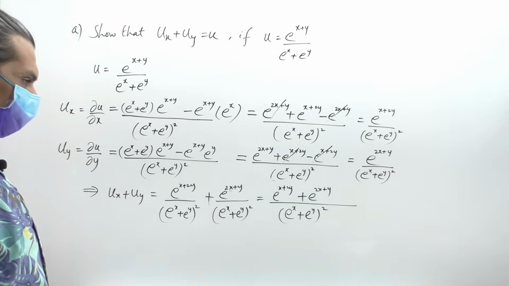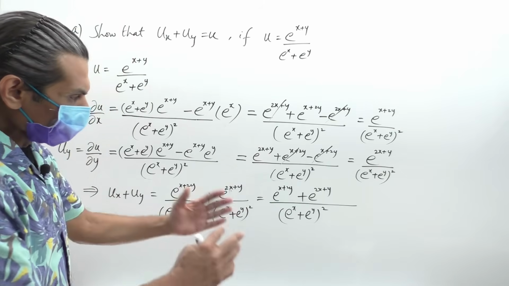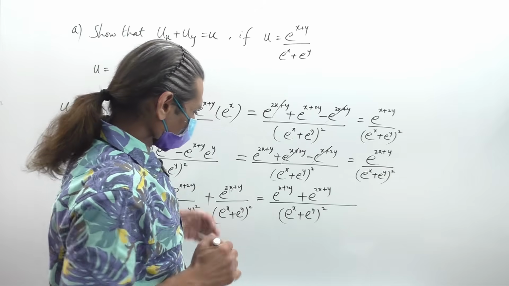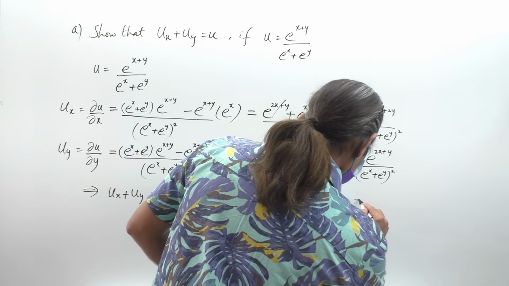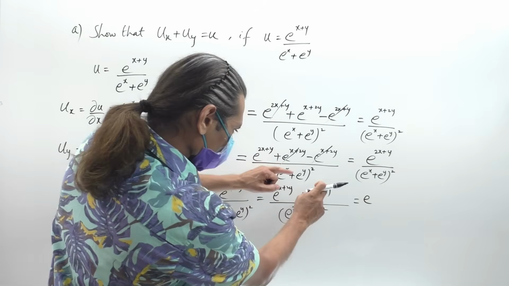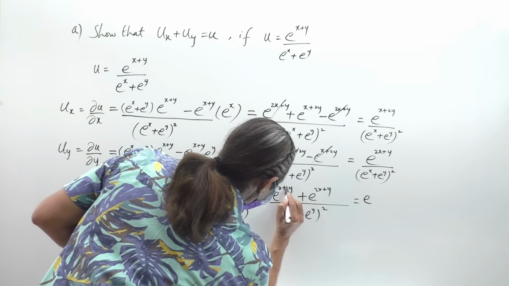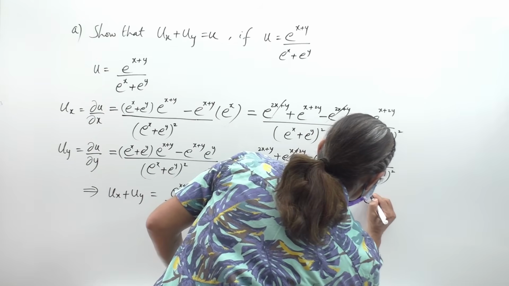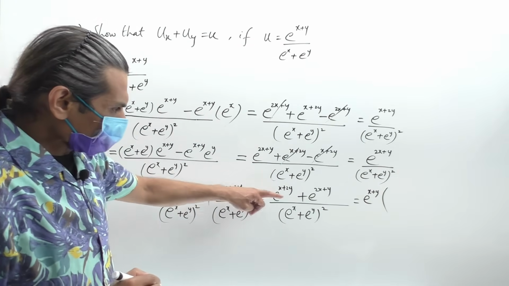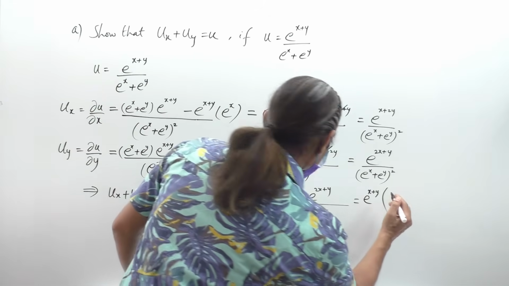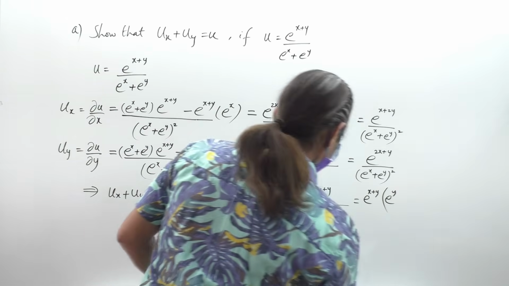Now to prove this is equal to u, what I can do is take e raised to x plus 2y plus e raised to 2x plus y, and take e raised to x plus y common. Then what is inside? When e raised to x plus y is common, this will be e raised to y, am I right?